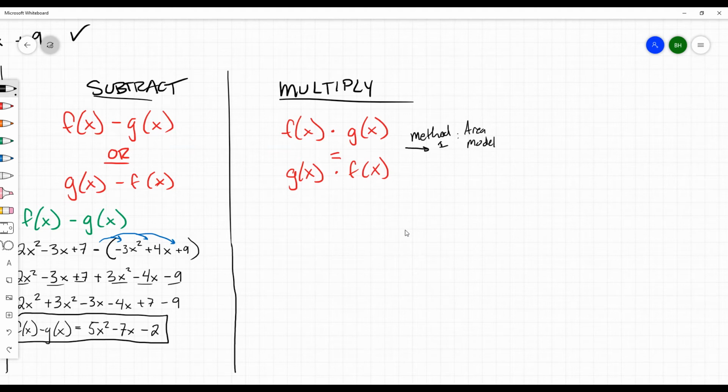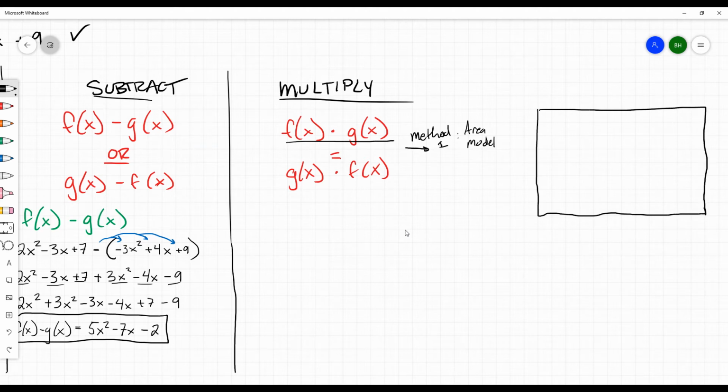So in this case, we'll do f of x times g of x. You'll take both of the functions and you'll organize them in a way that you can multiply them using a rectangle that has sections where you can organize the multiplication.